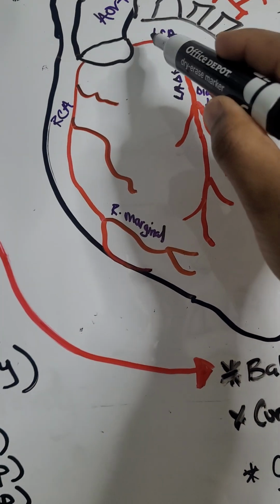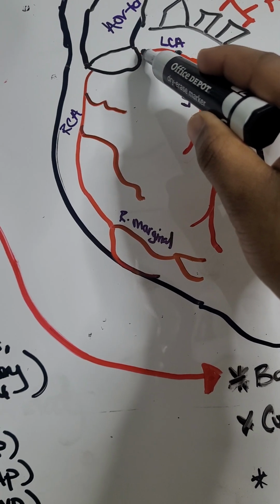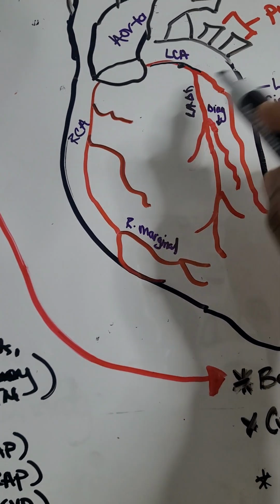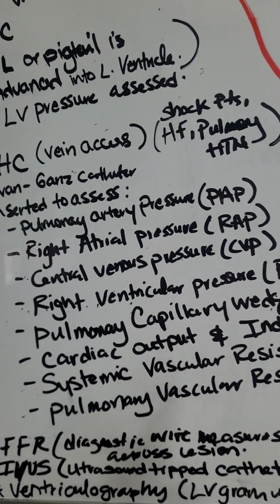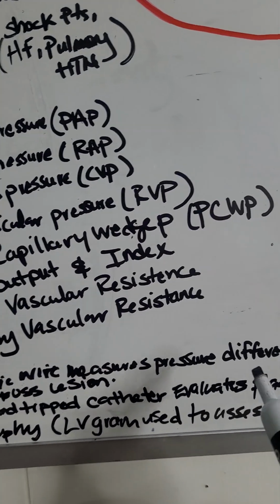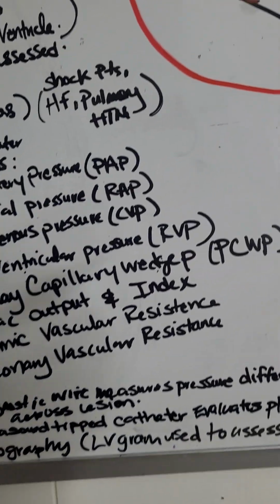With the FFR, it's a wire that they're going to put in, and the wire is going to go right through the occlusion. It's going to measure the pressure difference across the lesion, okay?